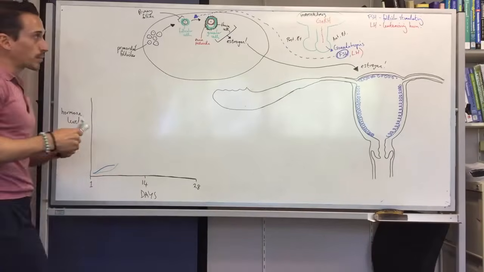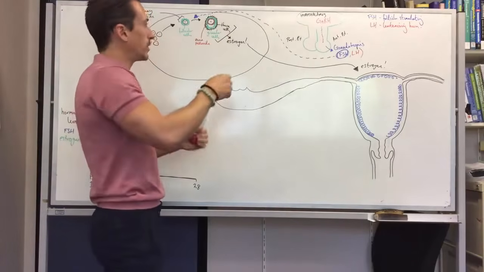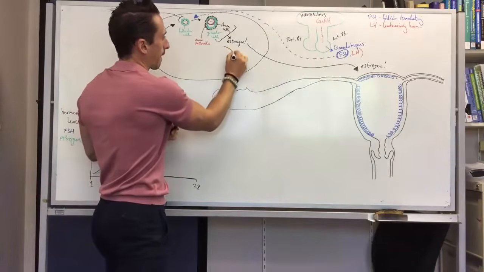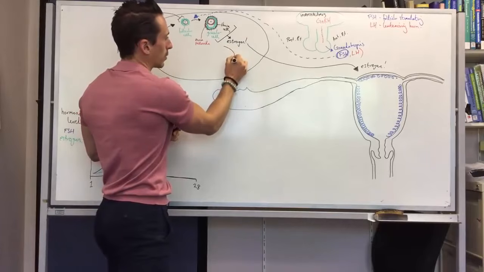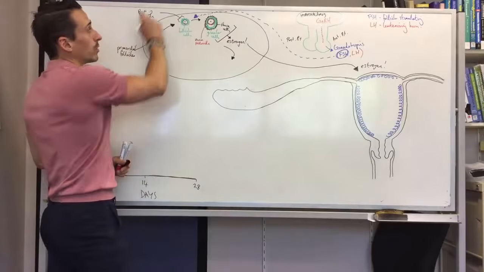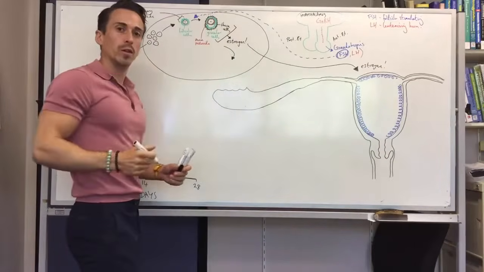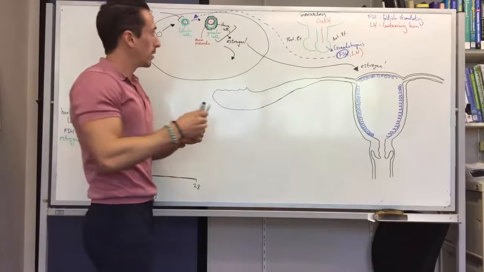Now, this secondary follicle turns into something called a mature follicle. So, primordial follicle, primary follicle, secondary follicle, mature follicle, also known as a Graafian follicle.